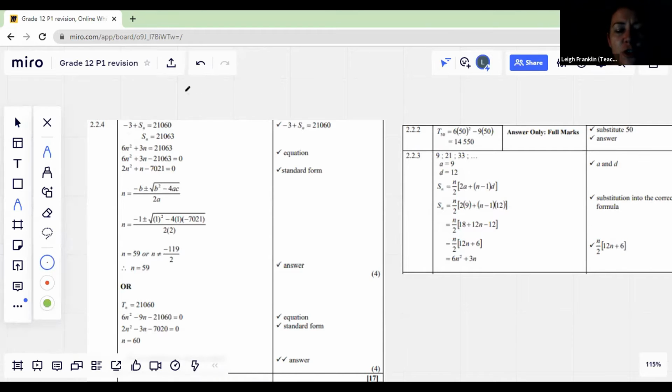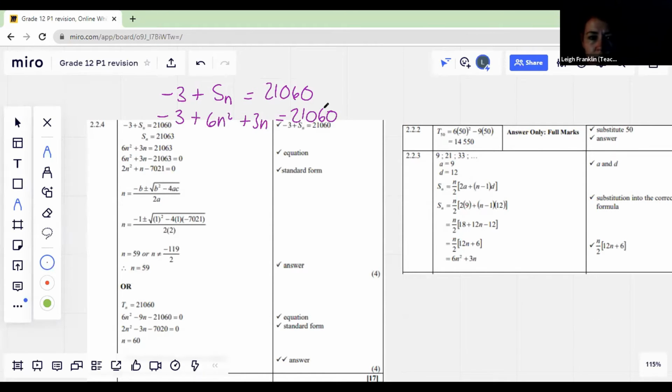So our first term, if you recall, Matrix, was -3, right? To that, we are adding Sn, and we are obtaining an answer of 21,060. So what we should have done is said -3 and then subbed in our 6n squared plus 3n and made it equal to 21,060.